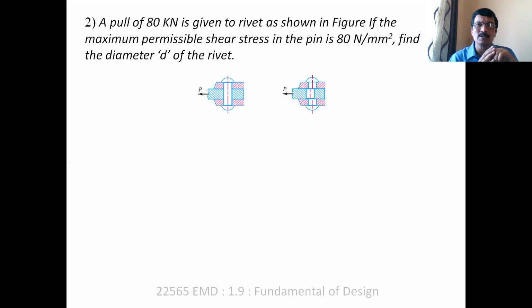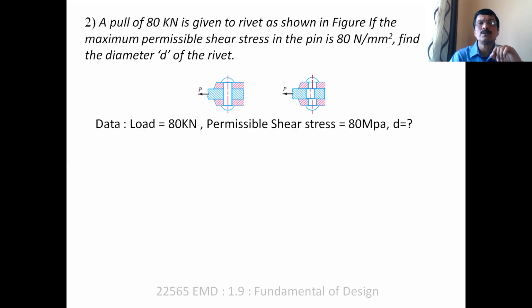The difference is very simple. In the first problem, the rivet is going to shear out at a single section. Here the rivet is going to shear out in double section. Why? Because there are 3 plates. Because of the 3 plates, that rivet shears out in 2 sections.